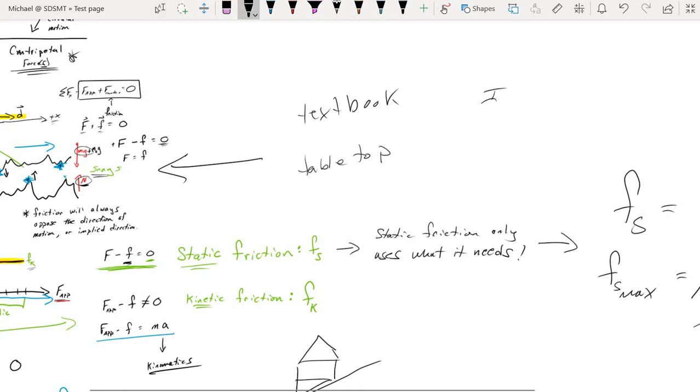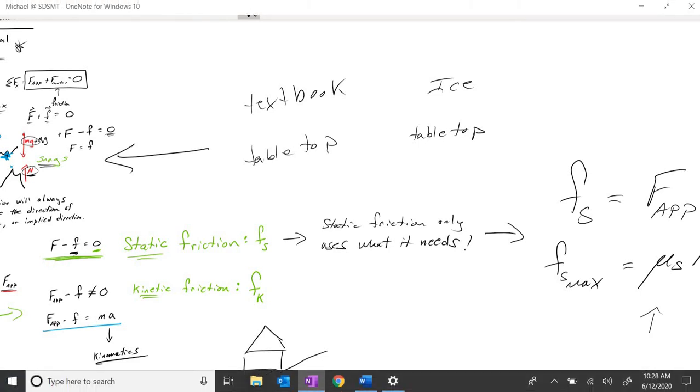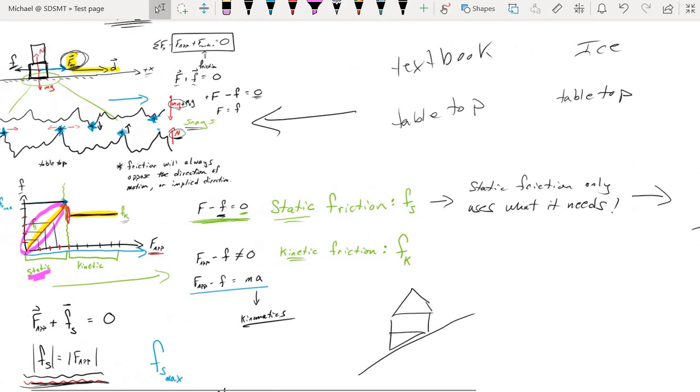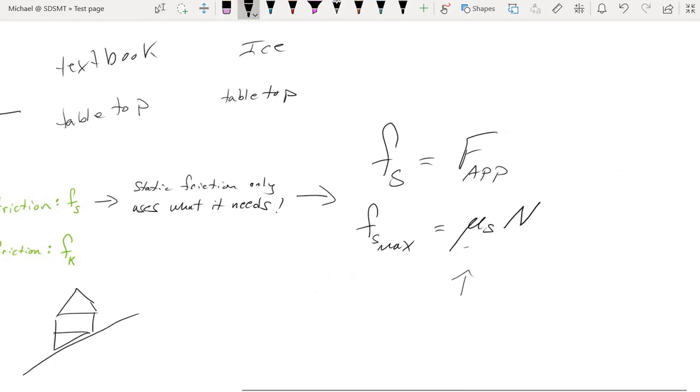Maybe if we switched out the textbook for a really smooth block of ice, and we put that on the tabletop. So it's the same tabletop, but that block of ice is probably going to slide way easier than the textbook did. And that's because there's a difference between the surface-to-surface interactions. But that surface-to-surface interaction can now be measured using those coefficients.